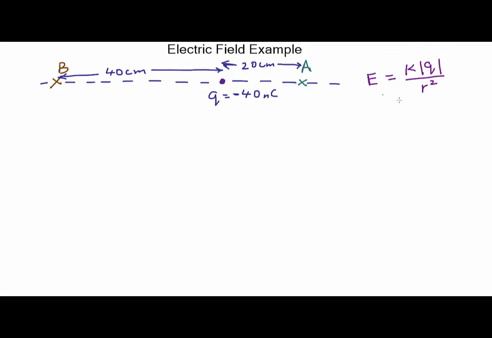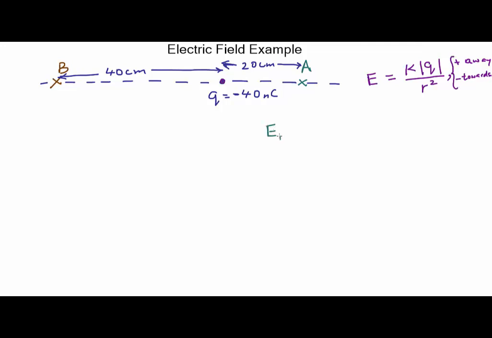Now this only gives us the magnitude of the electric field, and for the direction we remember that if it's a positive charge it points away from it, and if it's a negative charge the electric field points towards the charge. Okay, with that in mind, let's calculate the electric field at these 2 points.